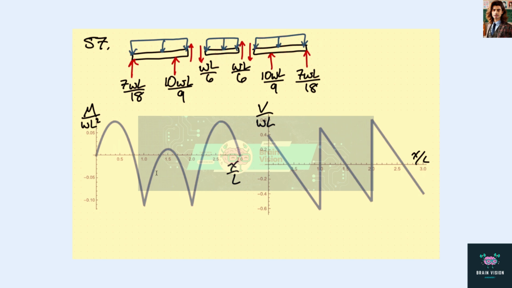and here and here. So in this region, we're under a uniform distributed load, so the shear is going to decrease linearly. Because we weren't given values for W or L, I've plotted V over W times L and X over L. The total length of the beam is 3, so X over L goes from 0 to 3.